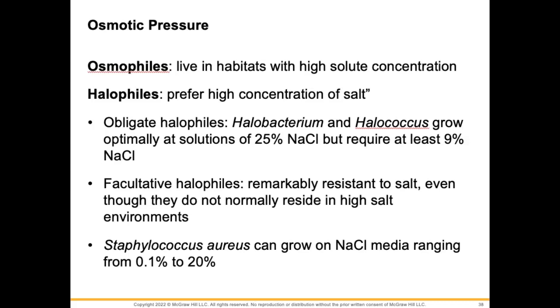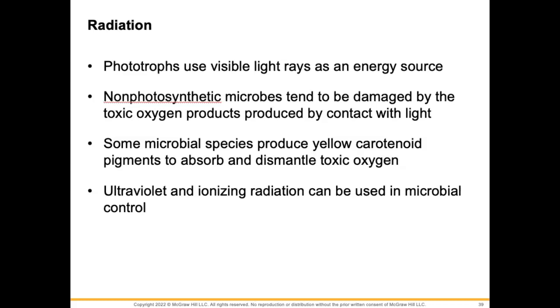Staphylococcus aureus can grow on sodium chloride media ranging from 0.1% all the way up to 20%. So Staph aureus likes that salt content as well. Radiation: phototrophs use visible light rays as an energy source, and non-photosynthetic microbes tend to be damaged by toxic oxygen products produced by contact with light.